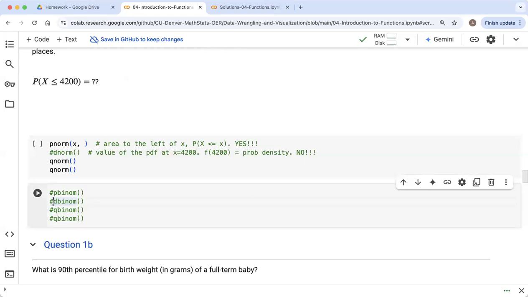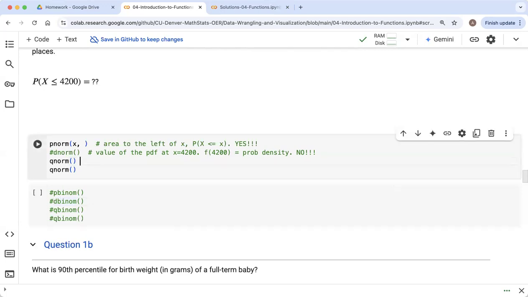Finding the height on the probability density function is not going to tell us anything about the probability that a randomly selected child has a weight less than or equal to 4,200 grams. So this d-norm function is not going to be useful.